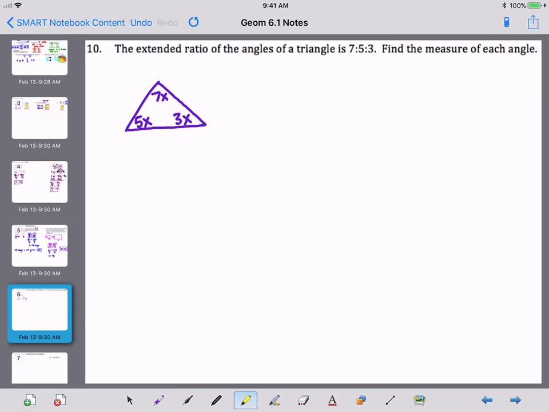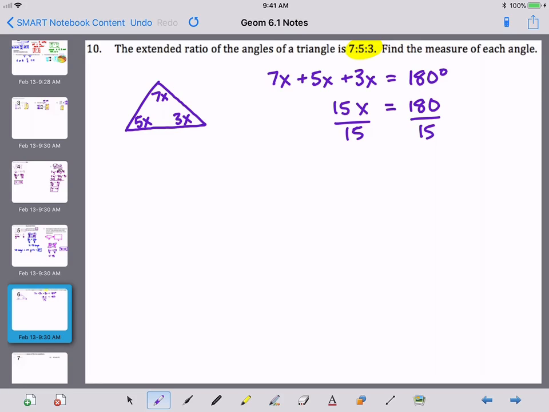And those numbers are just coming from this extended ratio. Well, we know that those 3 angles have to add up to 180 degrees. So if we combine these terms, we end up with 15x equals 180, and dividing by 15 will give us our x value of 12.